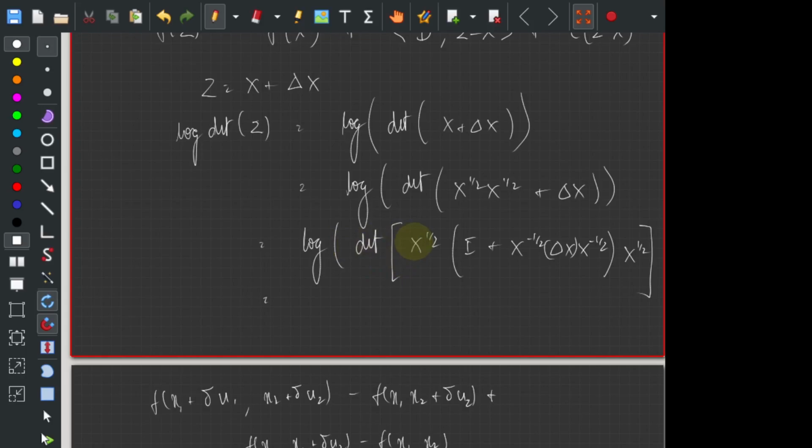But what is the determinant of a product of three matrices? The product of the individual determinants.